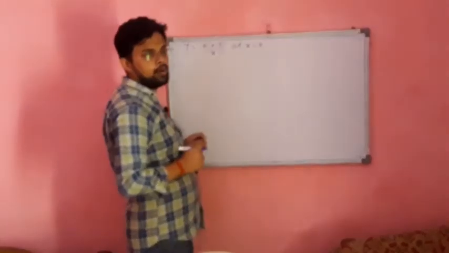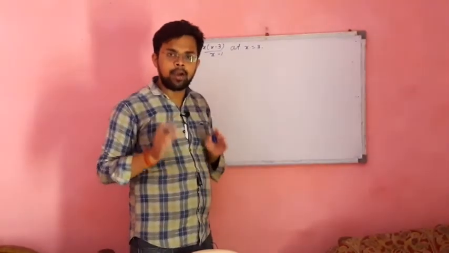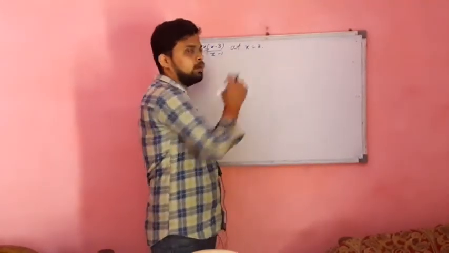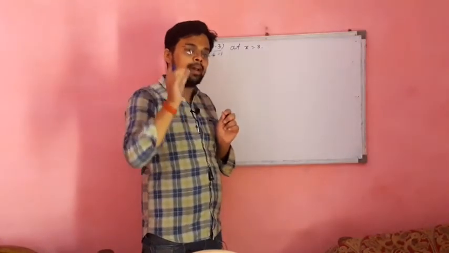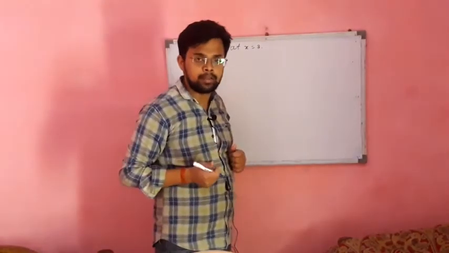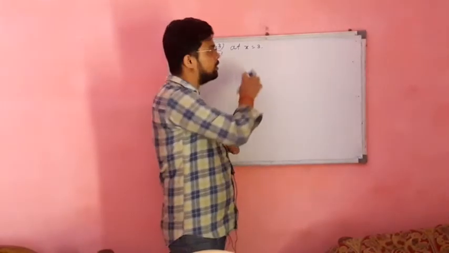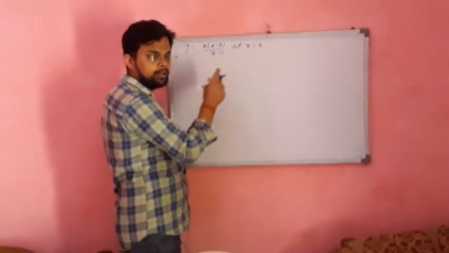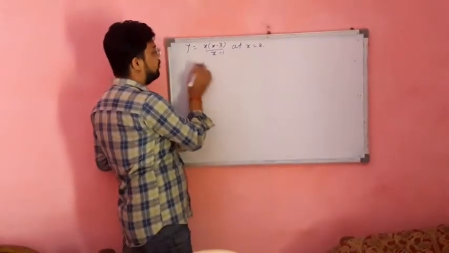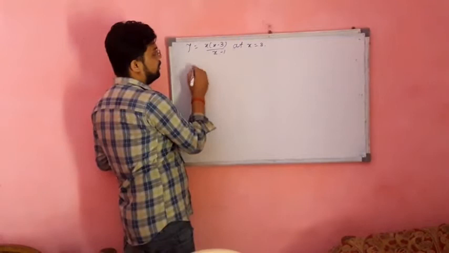So first, for the very first step, I will find the value of this function at x is equal to 3. If the value of this function at x is equal to 3 is equal to the right hand limit and left hand limit of the function, then I can say that this function is continuous at x is equal to 3. So I will put x is equal to 3 in this function.